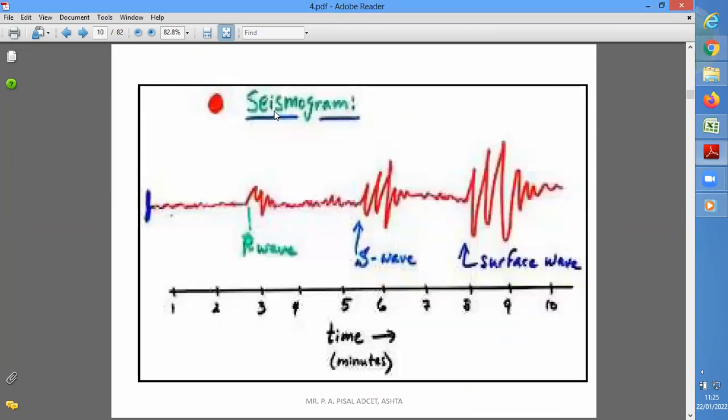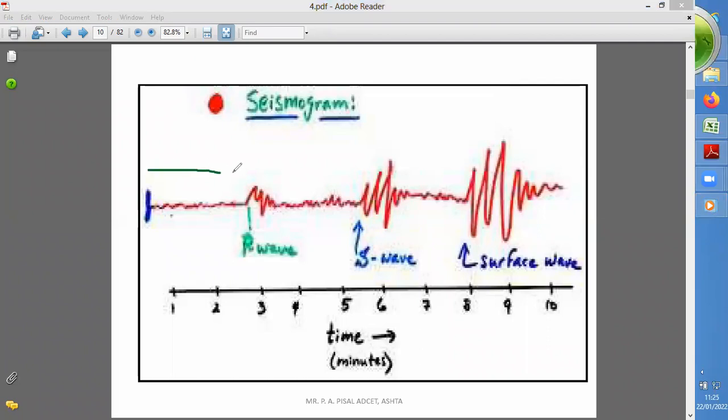Now this is the seismogram. Here you can see if the earthquake happens or if vibrations are developed, those vibrations are recorded here on this paper in zigzag lines.